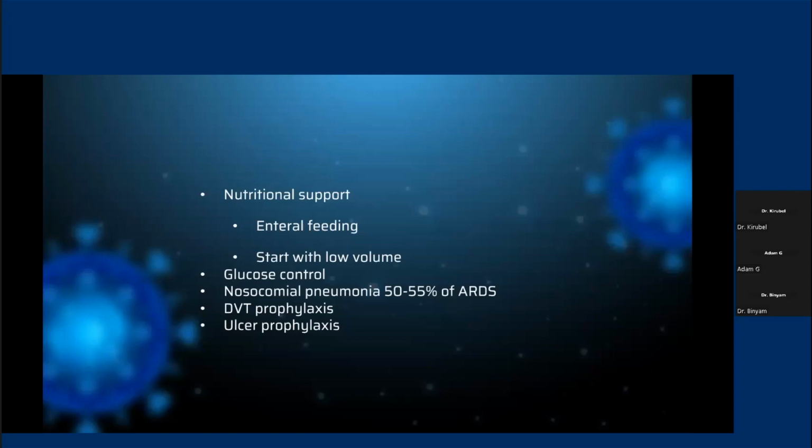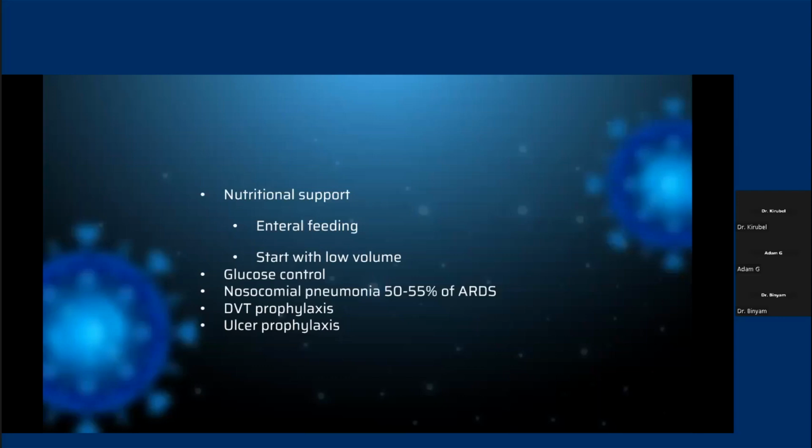Also nosocomial infection treatment. As I said previously, 50 to 55% of the patients will develop nosocomial infections. The mortality will not be affected, but these are things to take care of. Other ones are the issues of DVT and GI ulcers.